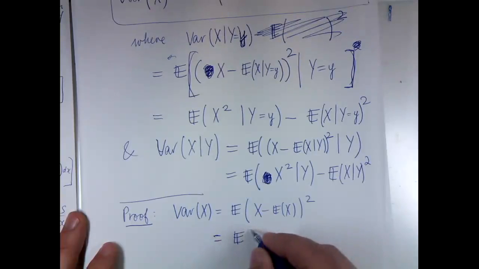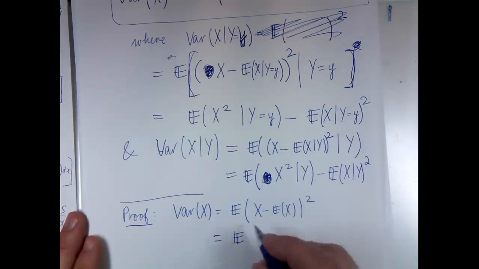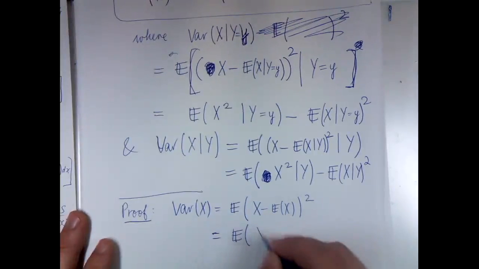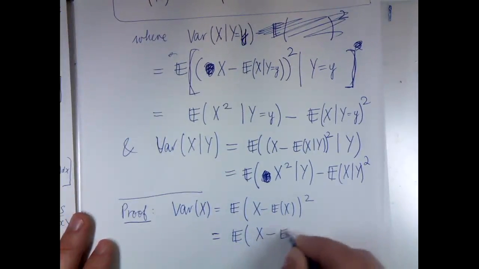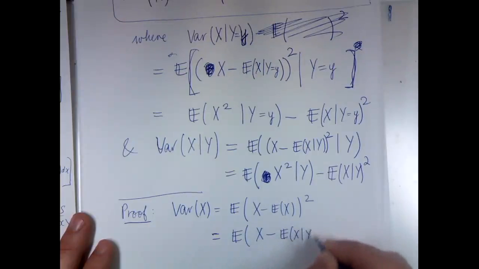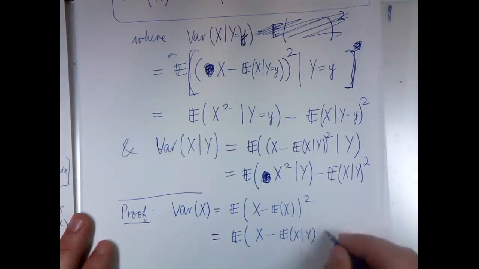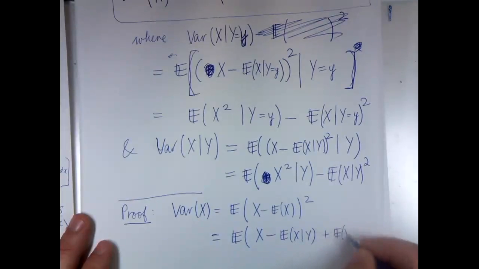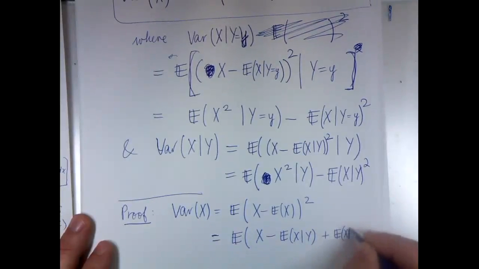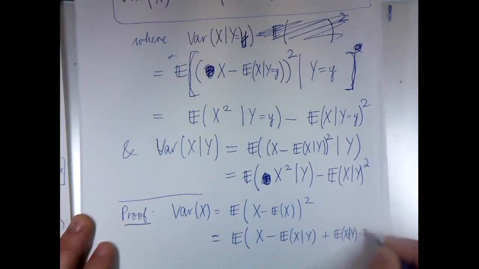The expected value of X minus the expected value of X given Y, now remember that is a random variable, plus the expected value of X given Y minus the expected value of X.